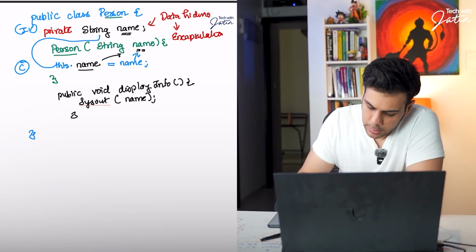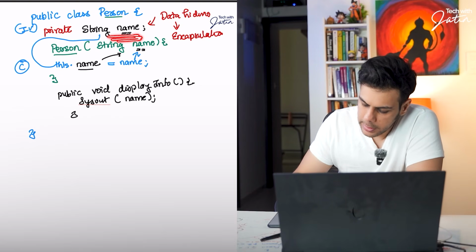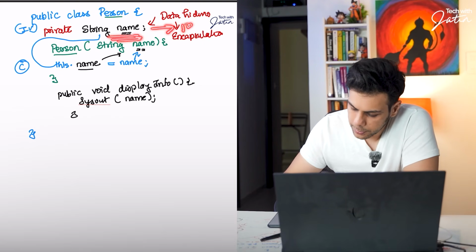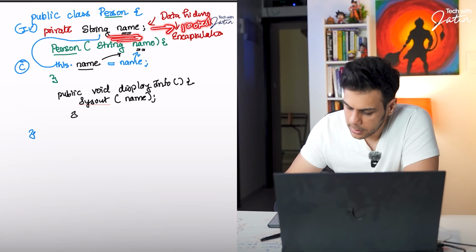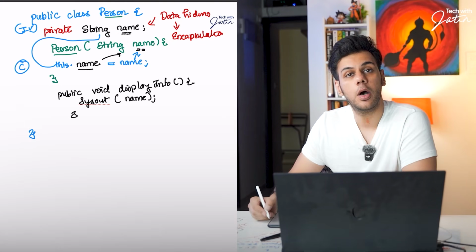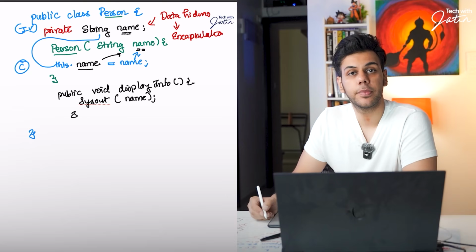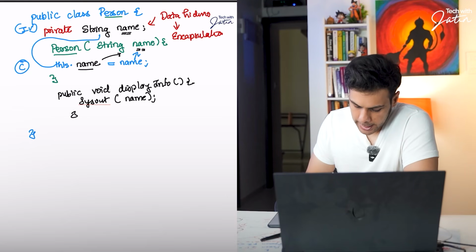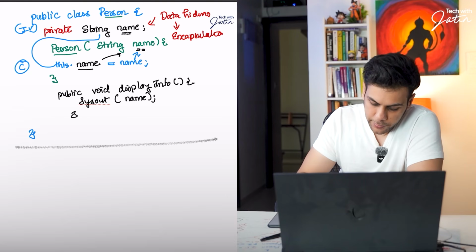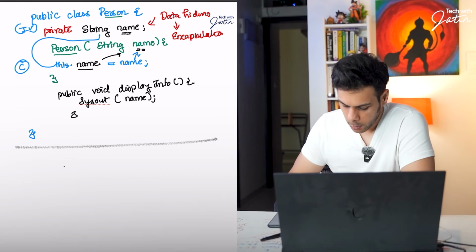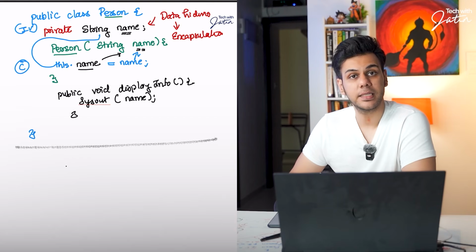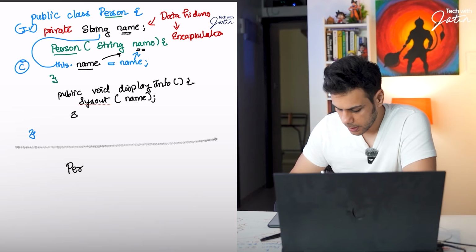And this over here is my properties. Now, how do I create an object? Object can be created with the help of the person class reference. I can say Person p1.